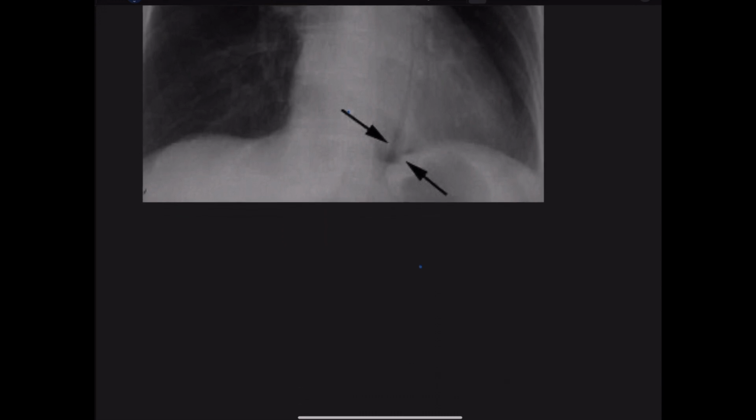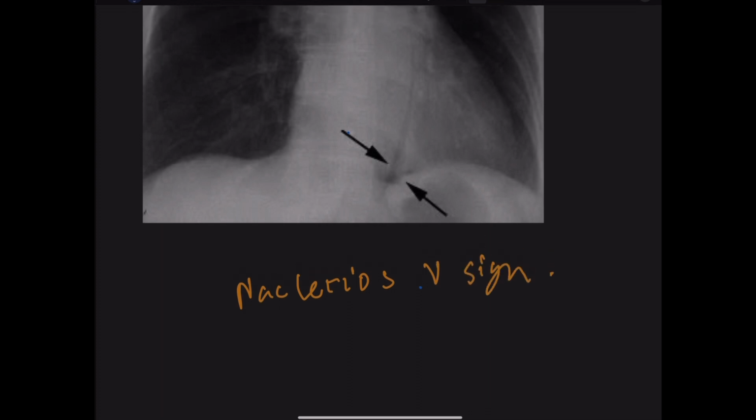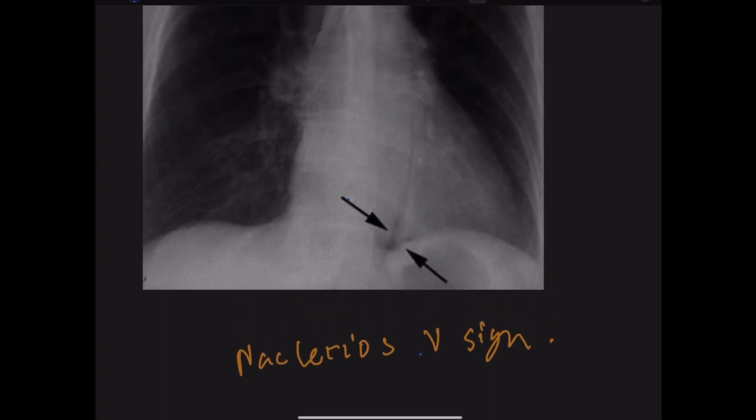Now let's see the Naclerio's V sign. You can see that in this chest X-ray there is a lucency similar to a V. It occurs when the esophagus ruptures.